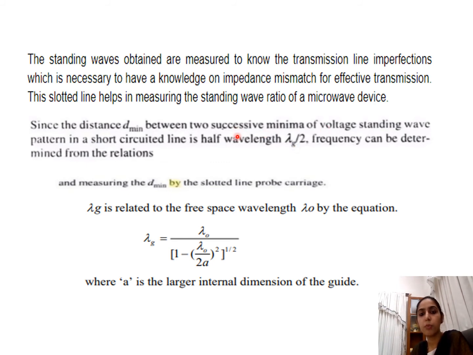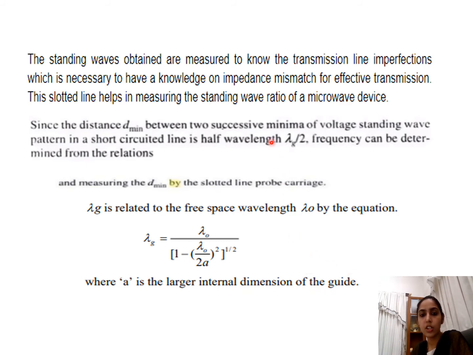By using this probe coupling of the slotted line, we can move it along the waveguide and take down the values for Vmax, V minimum, etc. If you take two successive V minimum positions, the distance is half the guide wavelength. Then we can relate this guide wavelength and the operating wavelength by the standard equation which we have already studied in previous semesters, where a is the larger internal dimension of the waveguide.